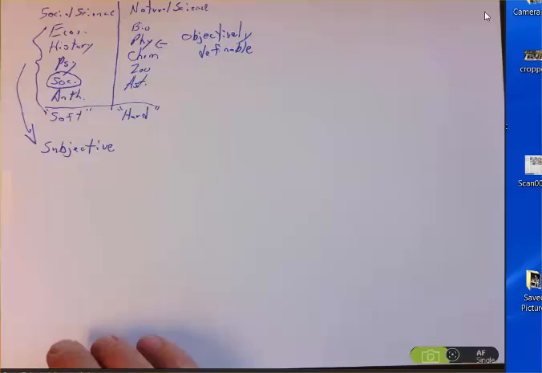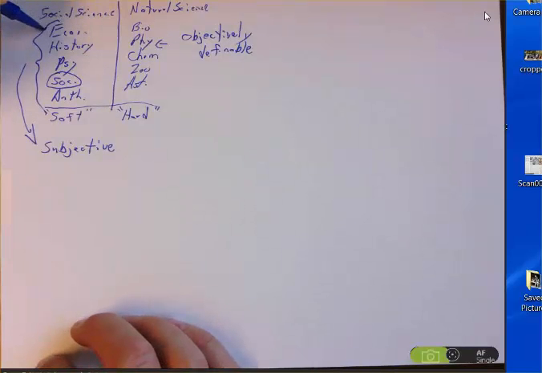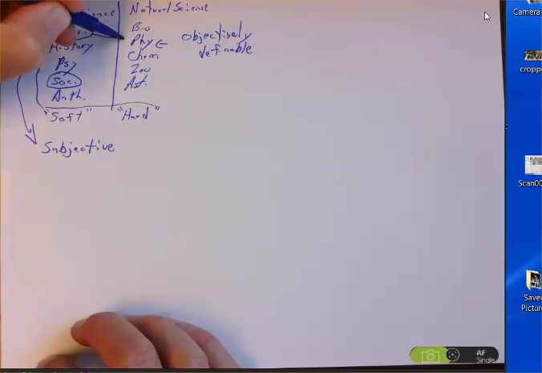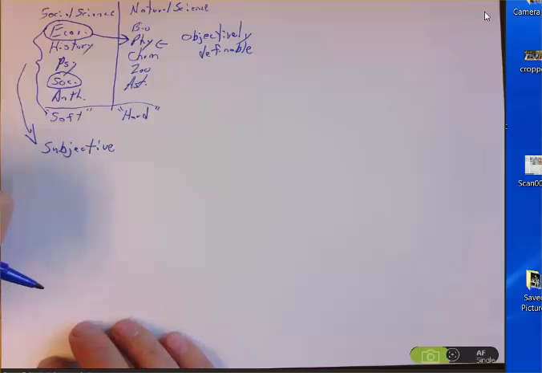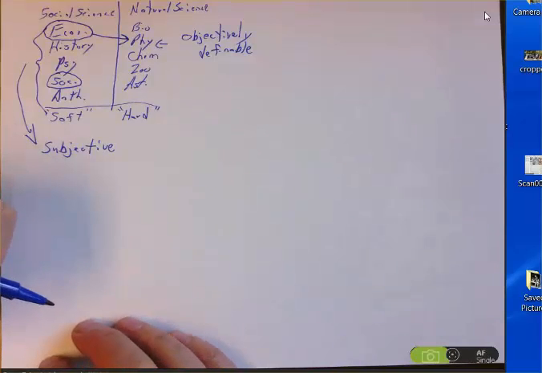Now the reason this is important in economics is because economics looks a lot like a natural science. In fact, especially at the doctoral level, it looks a lot like physics.